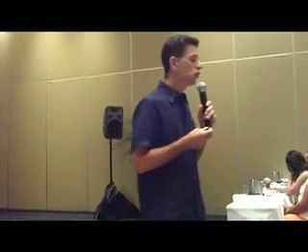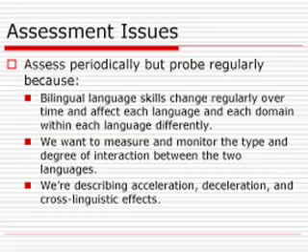We also need to assess periodically but probe regularly, because bilingual kids' skills change over time, just like monolingual kids do, across each domain. We need to be looking long range and longitudinally, not just at one or two domains of language, but at how each domain affects the other.